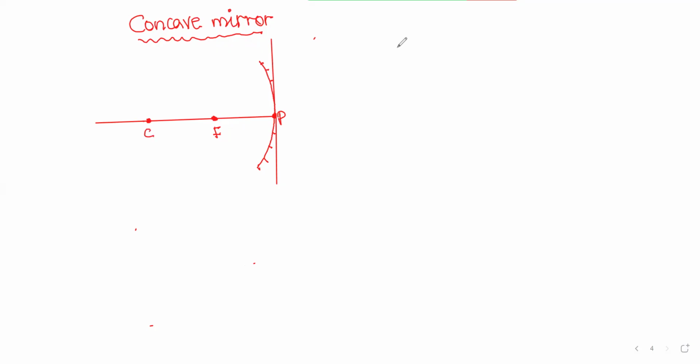Okay, so this is the center of curvature. Now, the object can be placed, one, at infinity. Two, between infinity and the center of curvature.